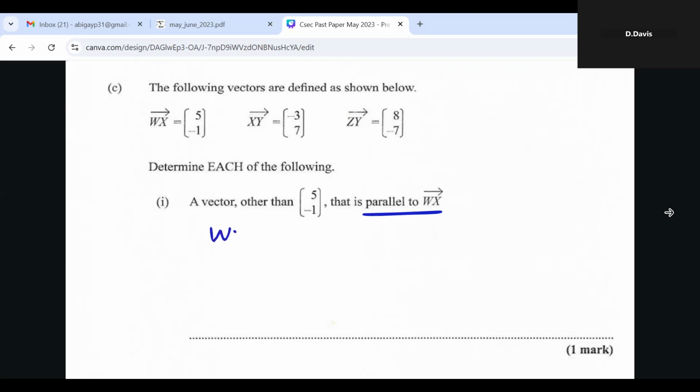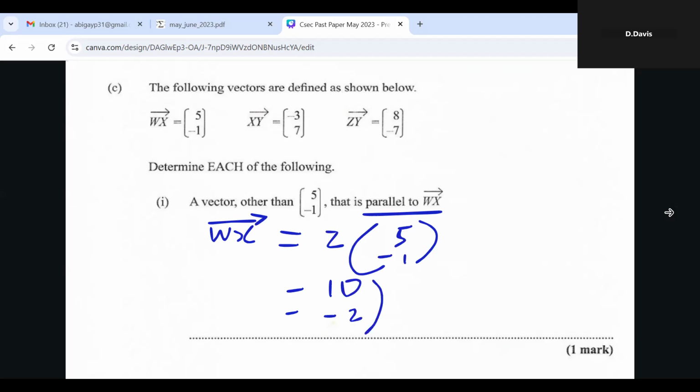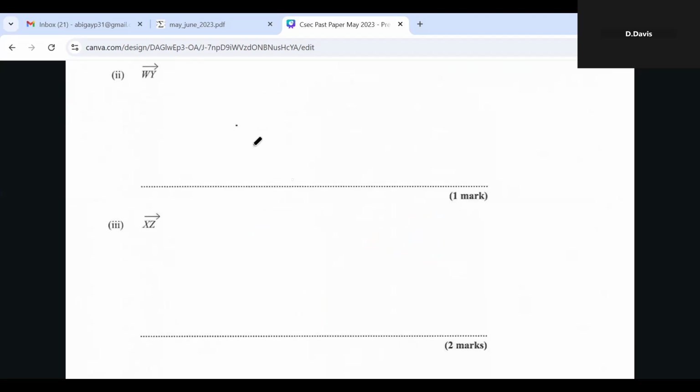So WX can mean twice 5, -1. So that is 2 times 5, 10, and 2 times -1, -2. And that's our answer right there. See? Easy. That's very easy as well.